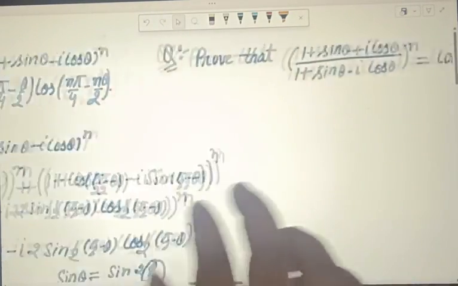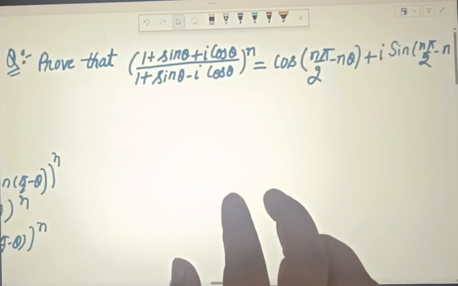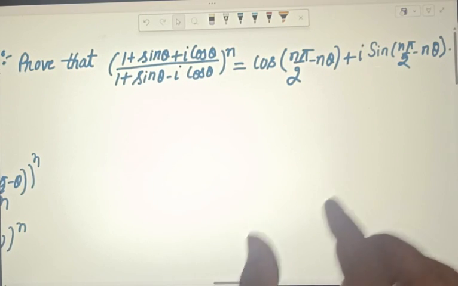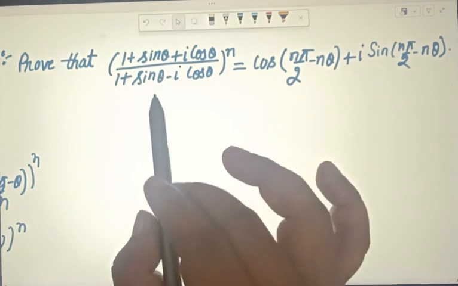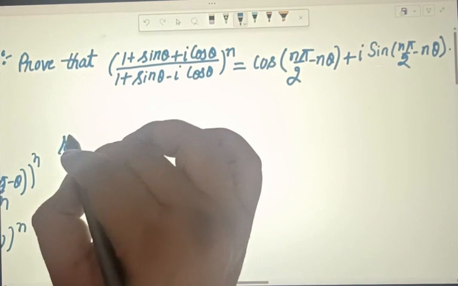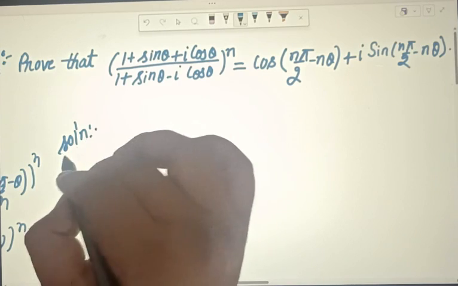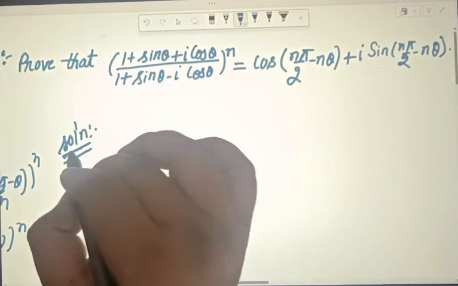Next we prove the similar part. The similar question is there, but this time it has a denominator. Now I start the solution, and it again requires simple manipulations.